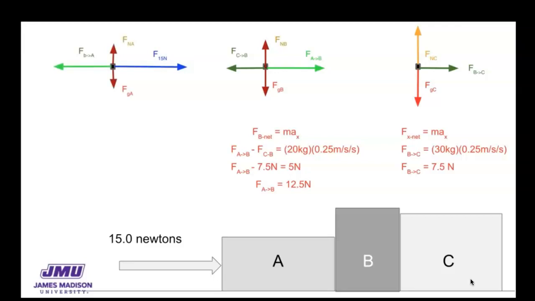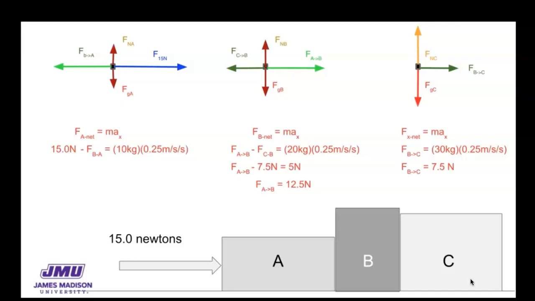Box A has gravitational force and a normal force also that we know will add up to 0 net force in the y direction. We know that box A interacts with box B, so it has that interaction force B on A. We also know that there's 15 newtons given to us pushing to the right on box A. If I go through and double check things with Newton's second law here, I will get that there's 15 newtons to the right minus the interaction between B and A, which we just calculated was 12.5 newtons.